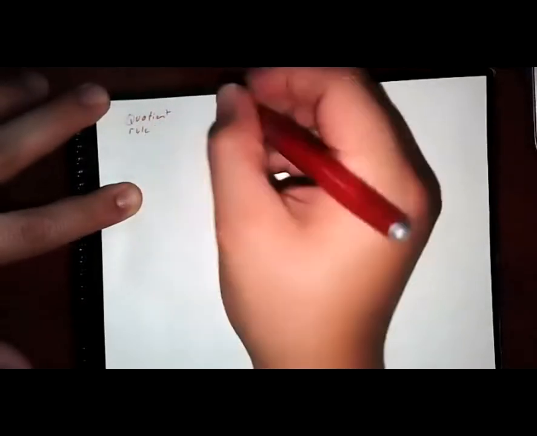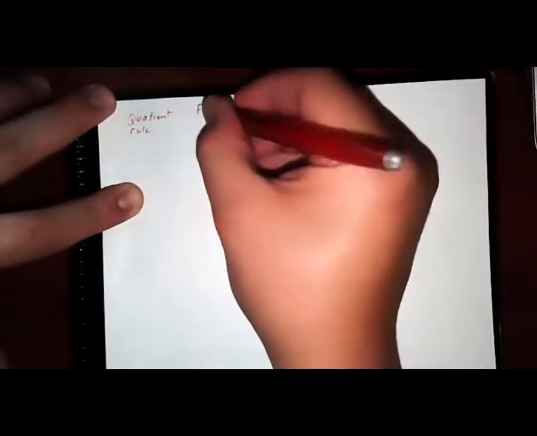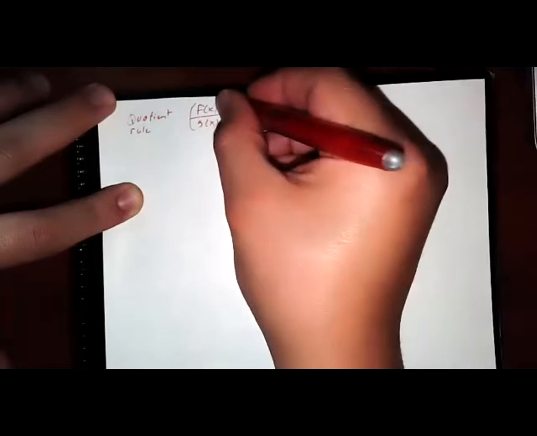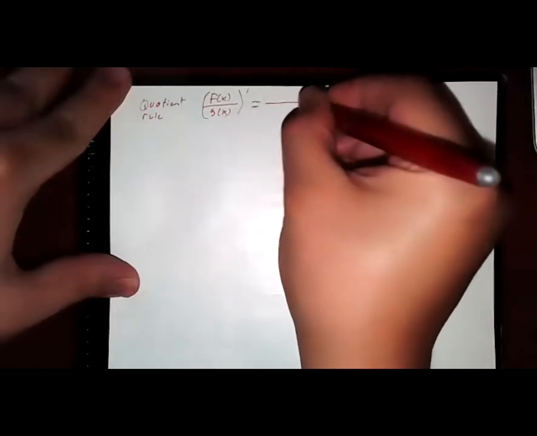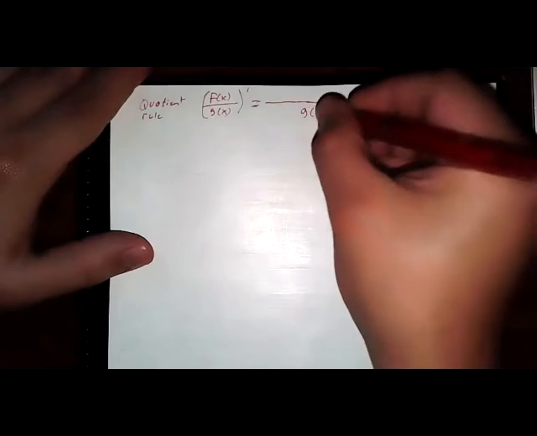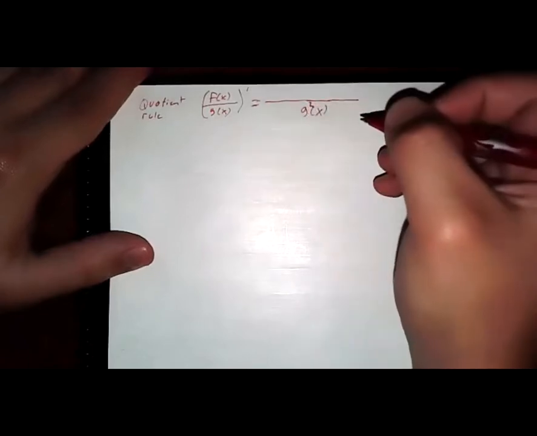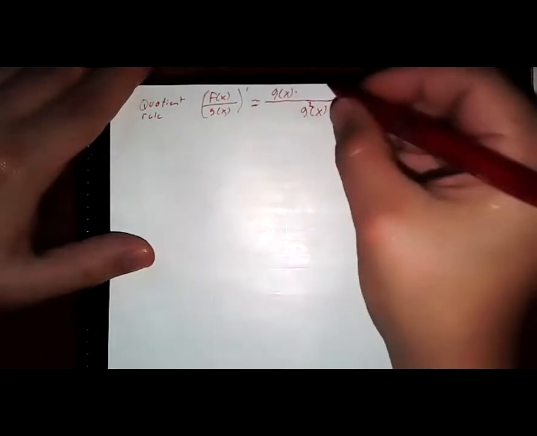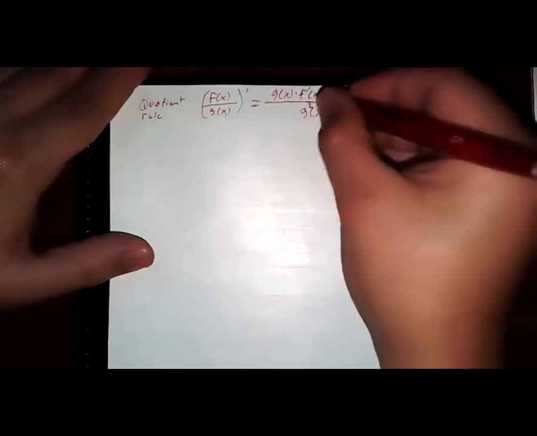Write the quotient rule up here. If you take a derivative, okay, here it is, the formula.